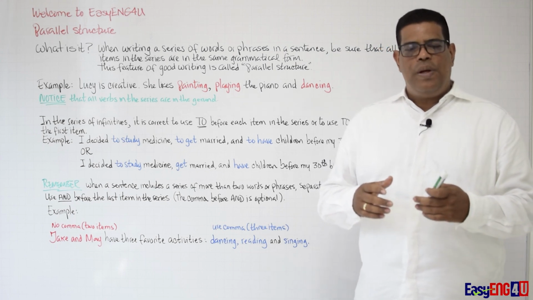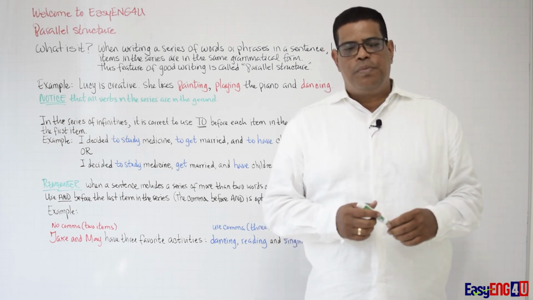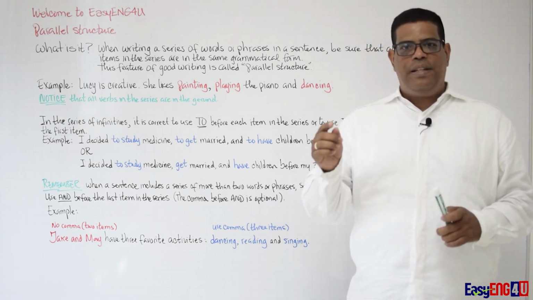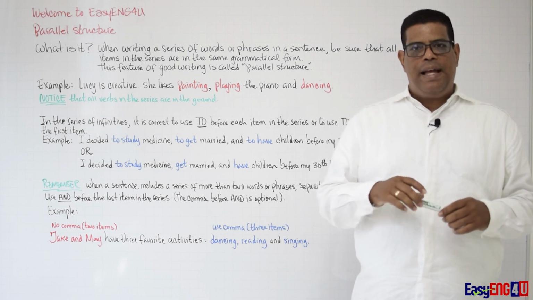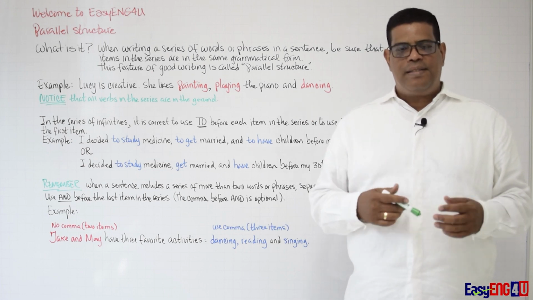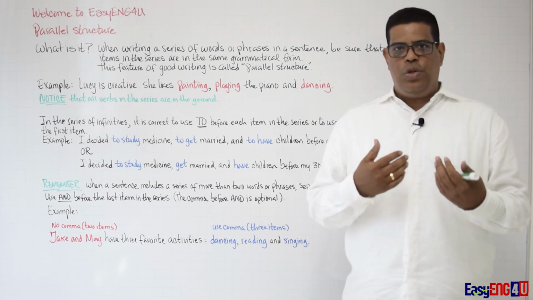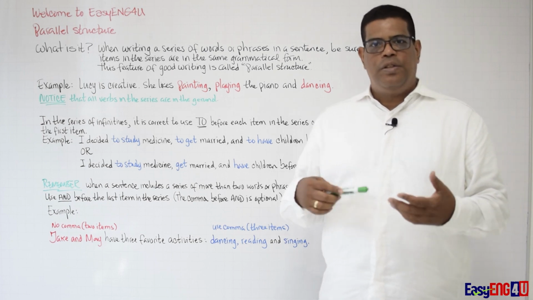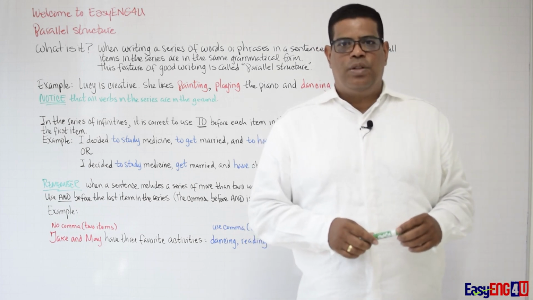Okay? And when they receive feedback on their writing from their teachers, they see that their teachers mark some sentences as wrong because they are not aware of what parallel structure is in English.